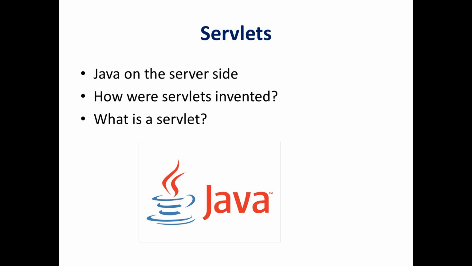So servlets are on the server side. As useful as applets can be, they are just one half of the client-server equation. Not long after the initial release of Java, it became obvious that Java would also be useful on the server side.